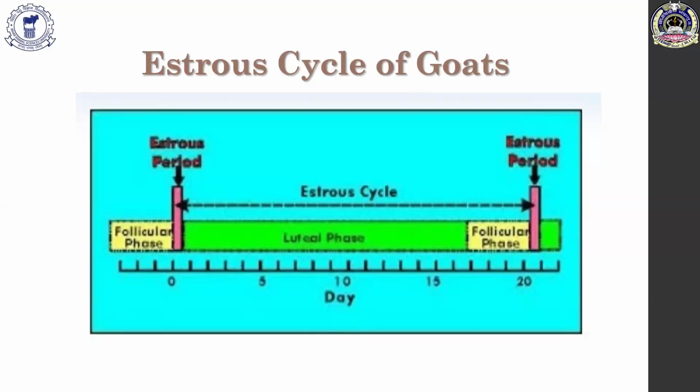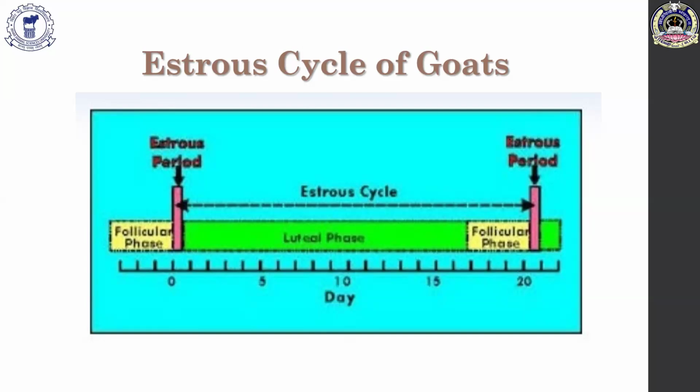Then we have the estrus period. Basically, it lies at the end of the follicular phase, when all the follicles get mature and start to rupture. Then the estrus period will occur. At this time, the ejaculation of ova from the ovary takes place.